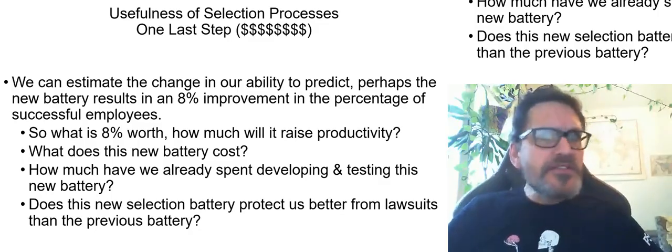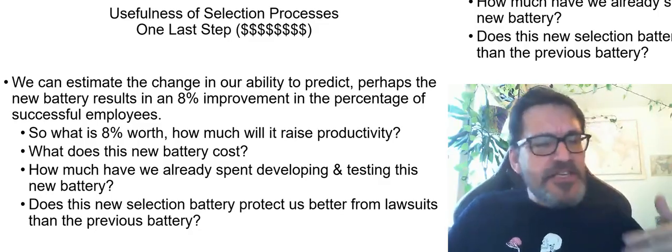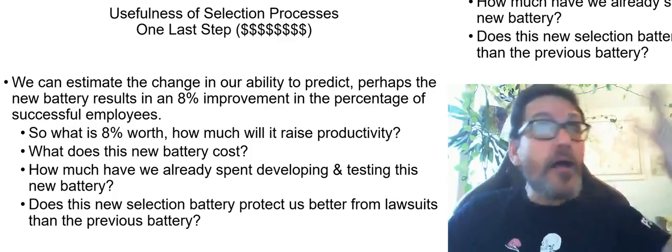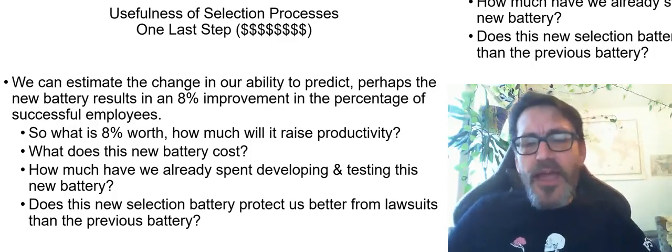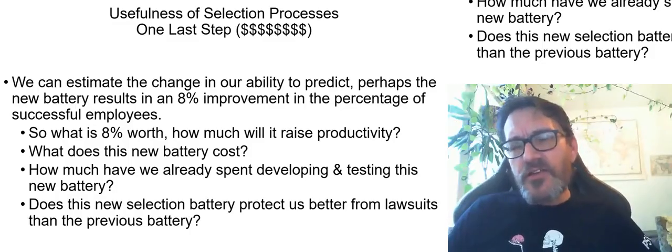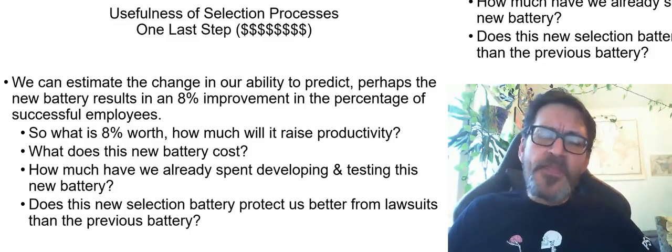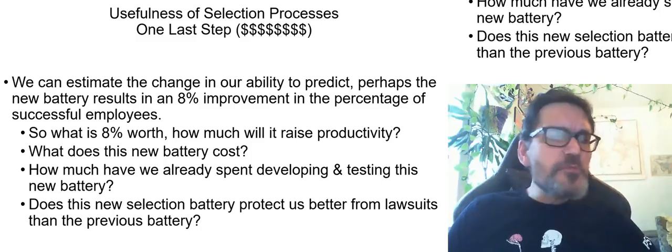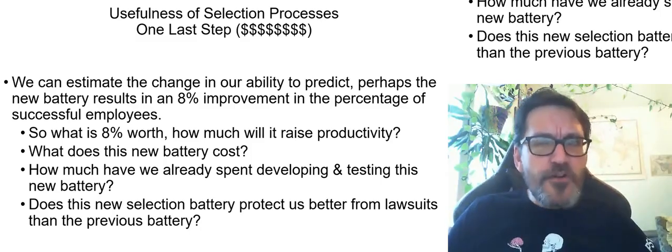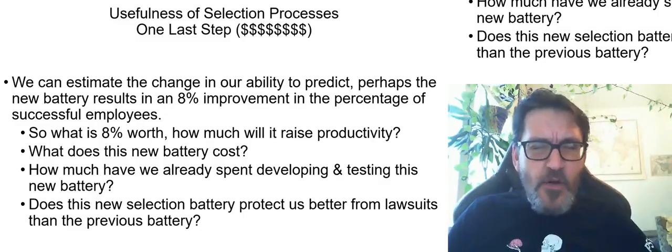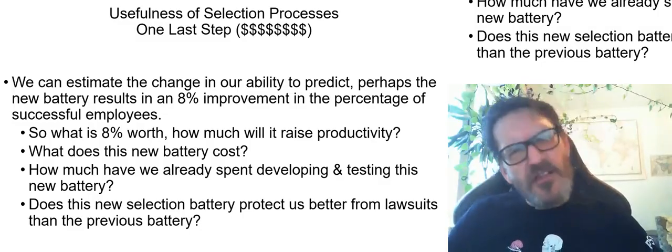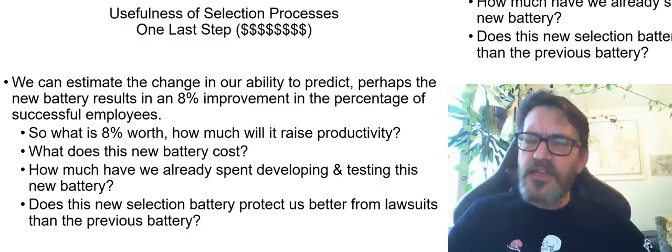Or, you know what, selection batteries can actually be used valuably in an incredibly other way, and that is that, as we're going to get to in the next couple of videos, those places where companies are going to get sued for discrimination is going to be in the selection process. I mean, there are other places, but the selection process is the biggest place.